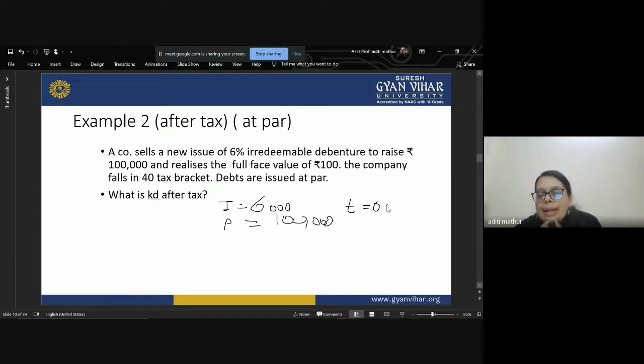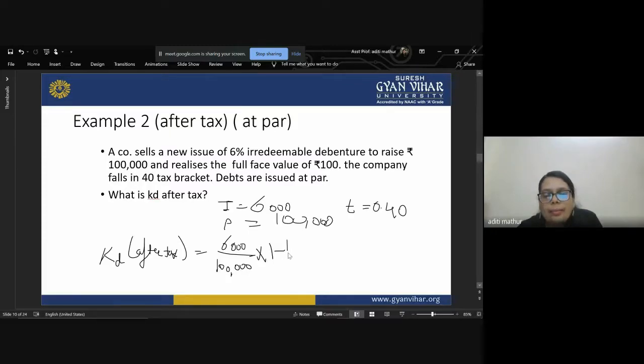That's why our tax rate is 0.40. So how to calculate KD after tax? It is going to be 6,000 divided by 1 lakh into 1 minus T.